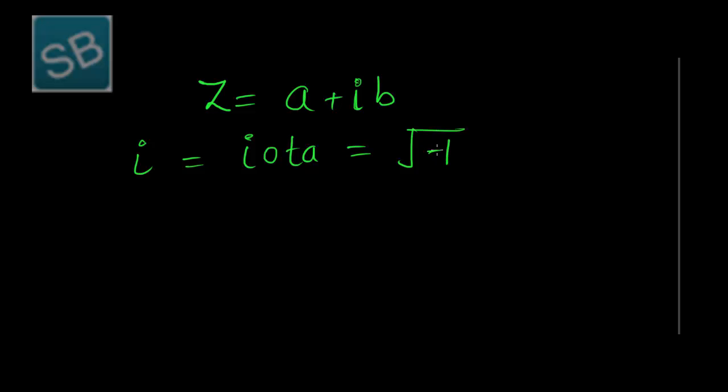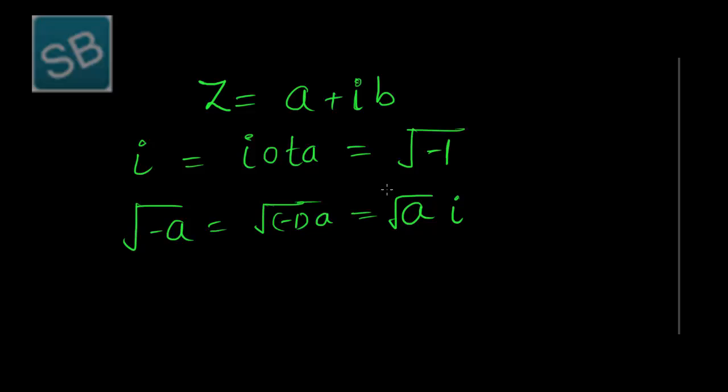So when we have the negative of a value, like minus A, this can be turned into minus 1 into A. So it can be written as under root A iota. So this makes the simple number into a complex number, and by this we can find the roots of any equation that will come out in the form of a complex number.